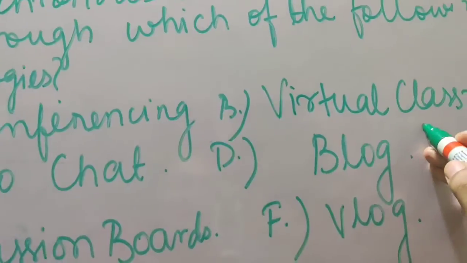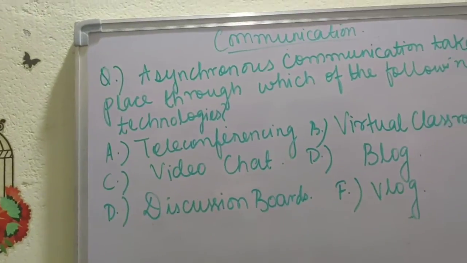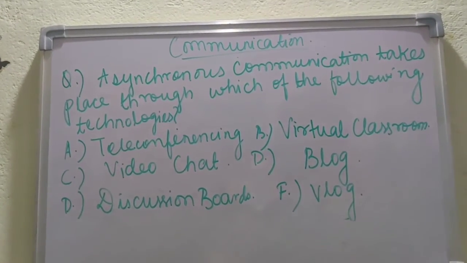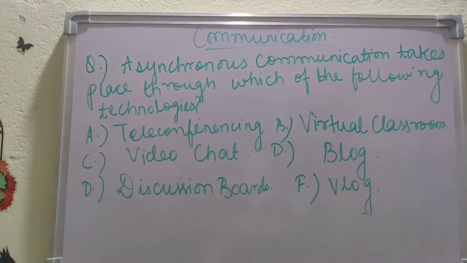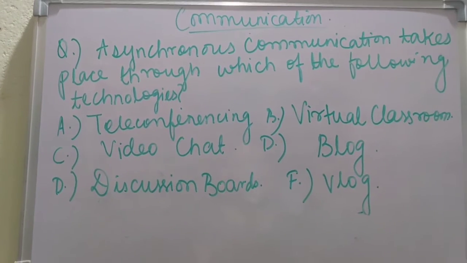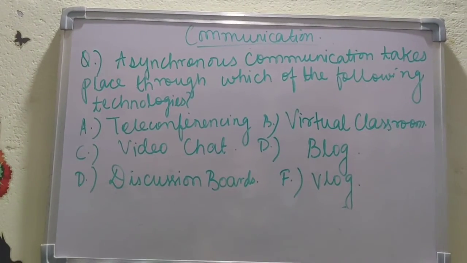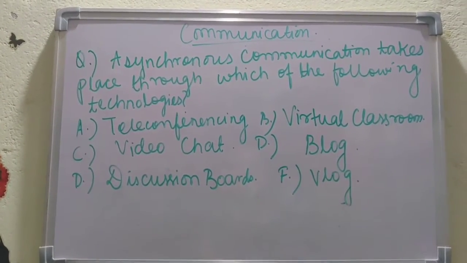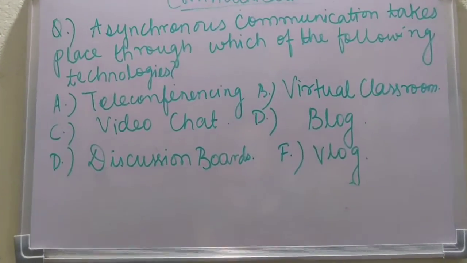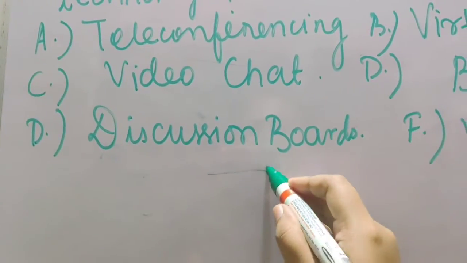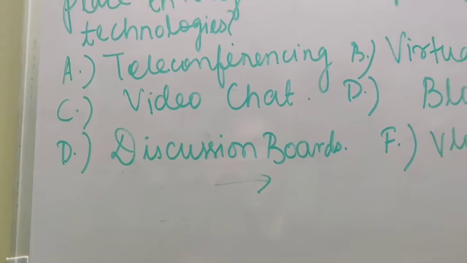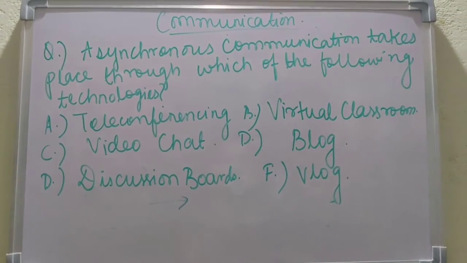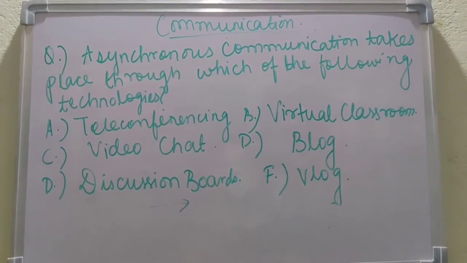Telecommunication, virtual classroom, video chat, these are all examples of synchronous communication where we immediately get the feedback. But asynchronous communication does not happen in real time. We do not get immediate feedback. For example, discussion boards. Discussion boards are online platforms where students usually post their doubts, but they do not get the feedback immediately.